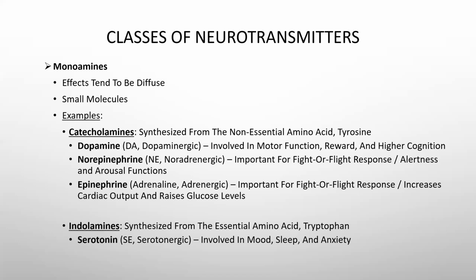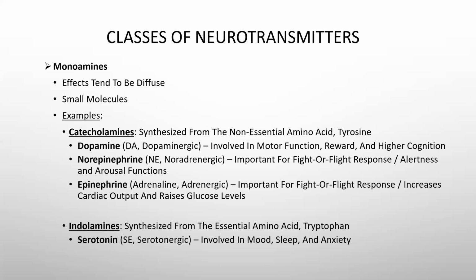So those are your catecholamines: dopamine, norepinephrine, epinephrine. Now, also under these monoamines, we have the indolamines, which are synthesized from the essential amino acid, which means you have to get it from your diet, tryptophan. Serotonin, involved in mood, sleep, and anxiety.